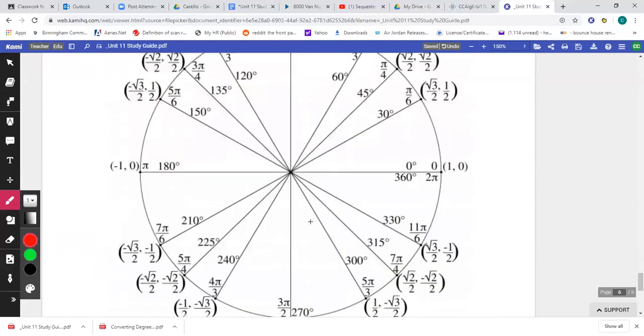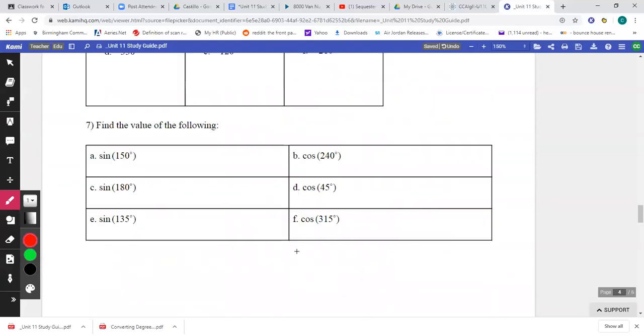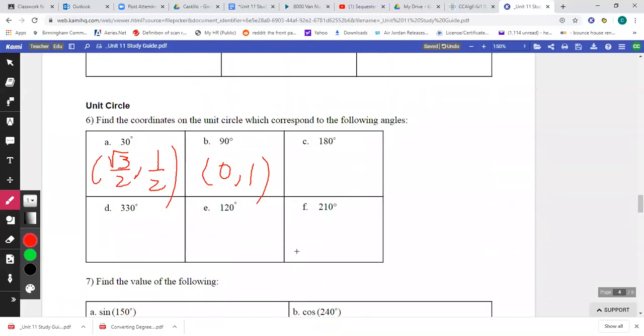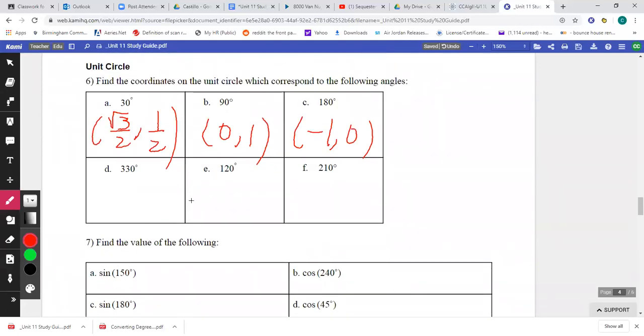Find 180 here. 180 is right here. You look at your coordinate point. That's -1, 0. Okay, and so on and so on. Do I really need to do the rest? I don't think so. You should be able to do that on your own.